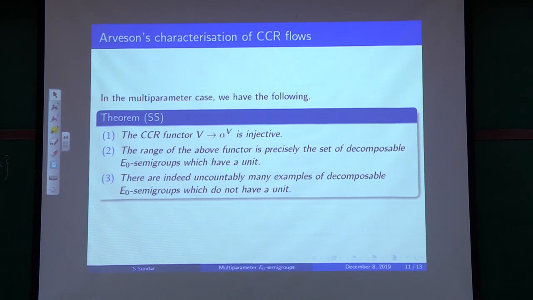So in Arveson's theorem in the one parameter case, decomposability itself implies it has a unit. Whereas here, if it is decomposable and has a unit, then it is a CCR flow. And there are indeed uncountably many examples of decomposable E0 semigroups which do not have a unit.